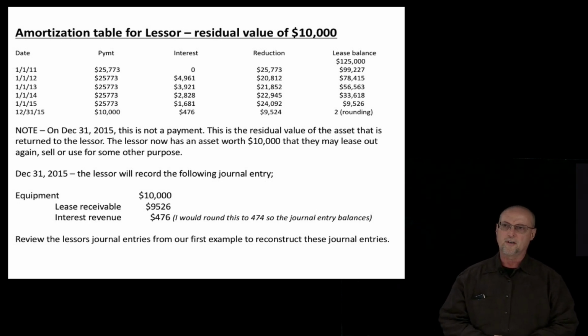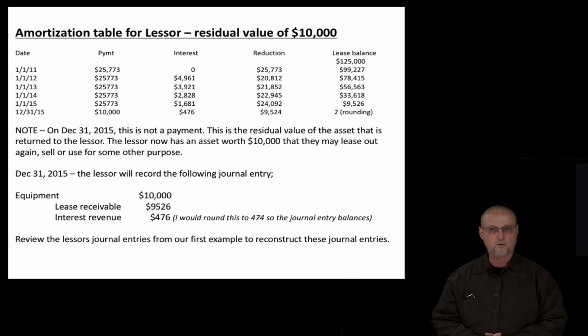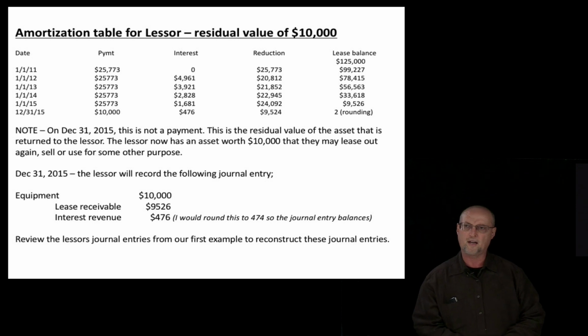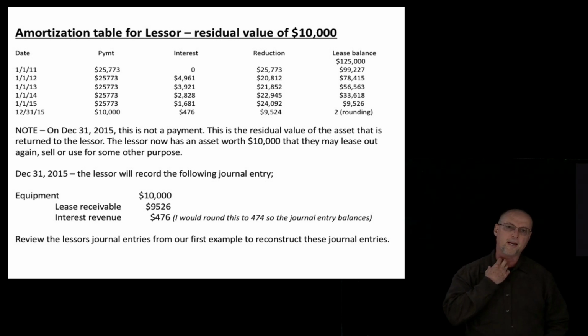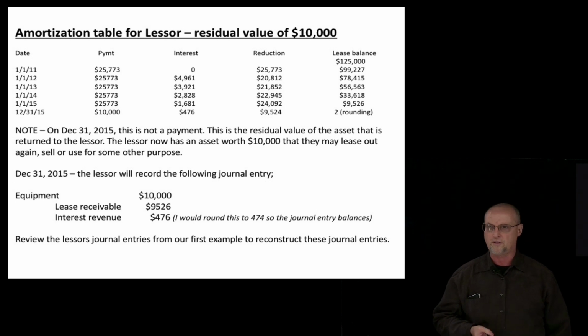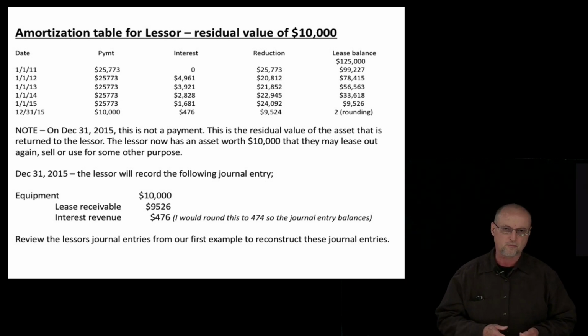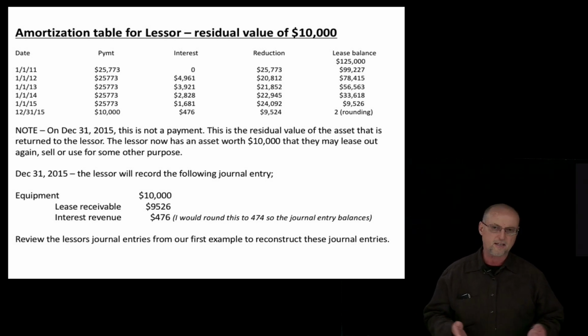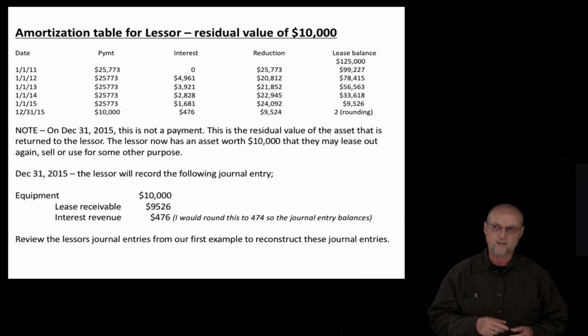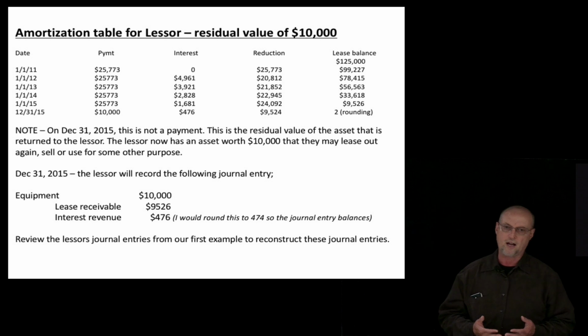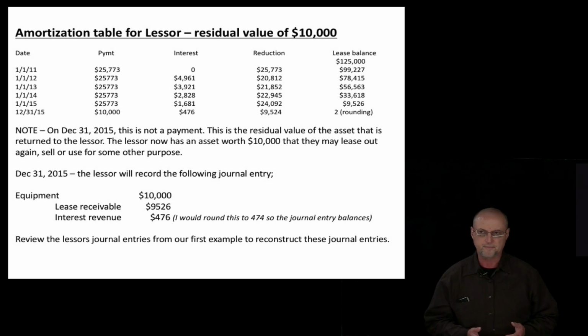And notice, the beginning balance for the lessor is $125,000, since in addition to those 5 payments, they're going to receive an asset that is worth $10,000. Now, that asset, they might lease it out again in a short-term lease, they might sell it, they might use it. It has value to the lessor. So that's why this amortization table is different, because of the value of the residual asset.